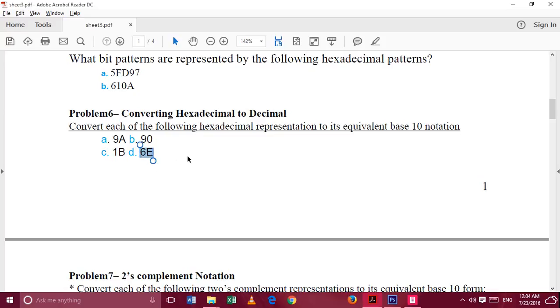So we need to convert 6e from hexadecimal to decimal. The values of these places are at powers of 16, right?